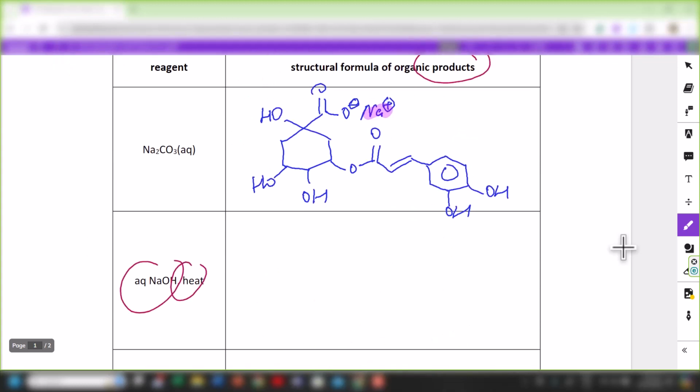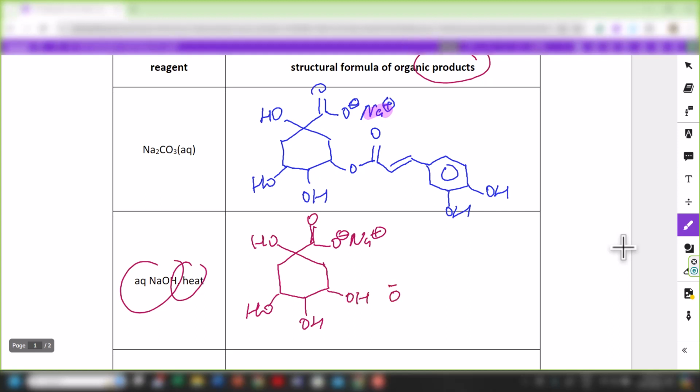So because of that, I'm just going to draw the whole thing out quickly again. So the tertiary OH remains, secondary OH remains. This will be the carboxylate, O minus Na plus. And then this ester linkage will become the alcohol.